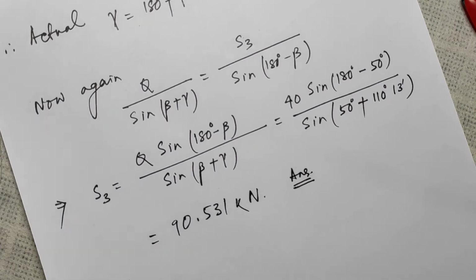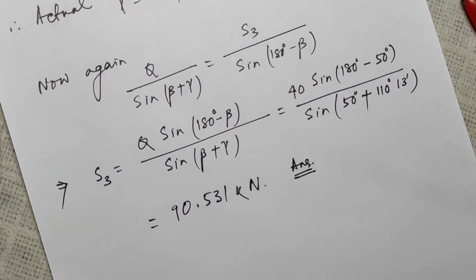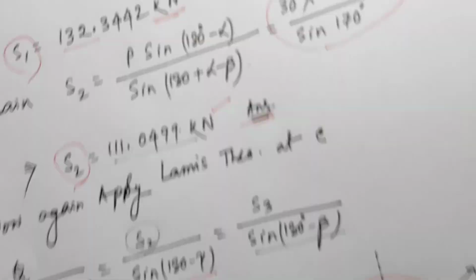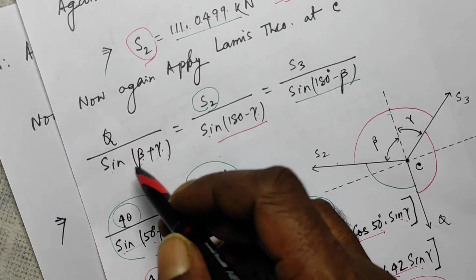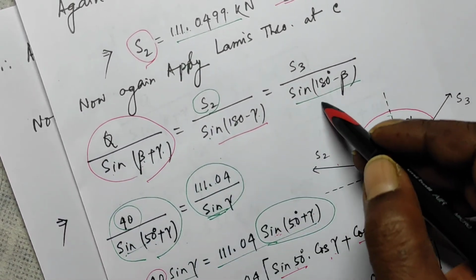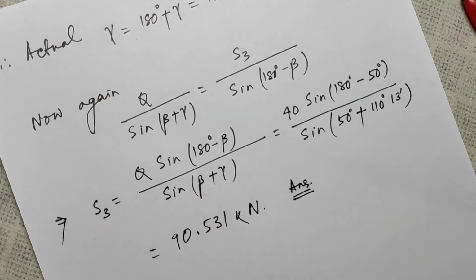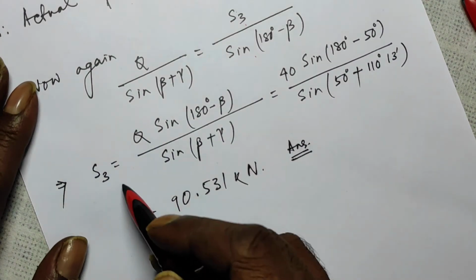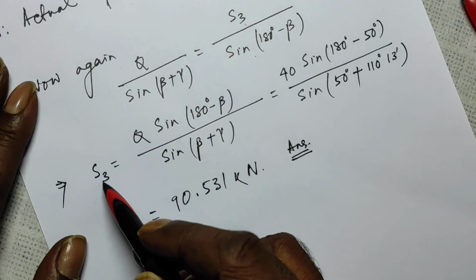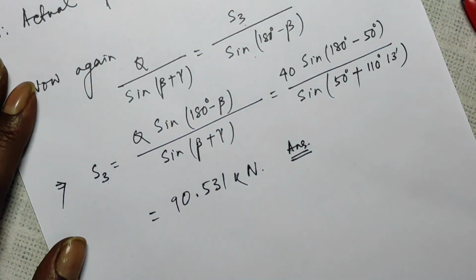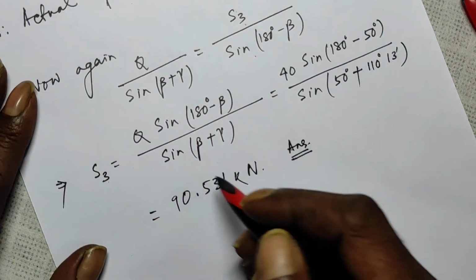Now again, if you consider the equality of these two with S3 over sine 180 minus beta, and cross multiply, then you get S3, the tension S3 in the segment CD.